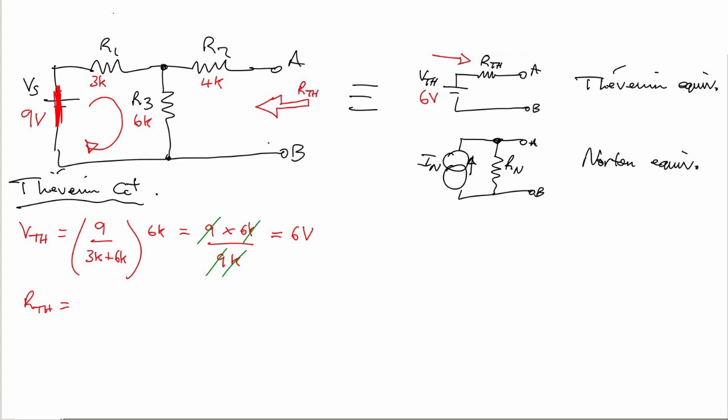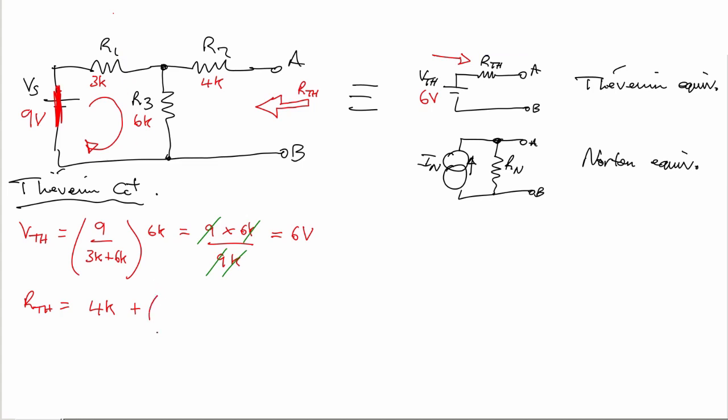Okay, and what are you seeing there? Well, I'm seeing R2, which is 4K, in series with, hence the plus sign, this combination here: R1 and R3 are in parallel.